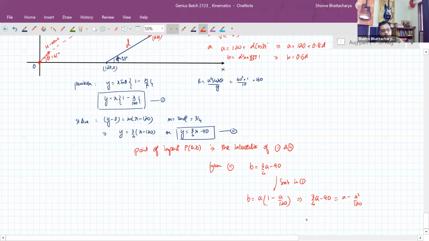So you have this quadratic equation. Now solve for A. And then you will get the value of the distance using the value of B, because you have this relation here between A and B.